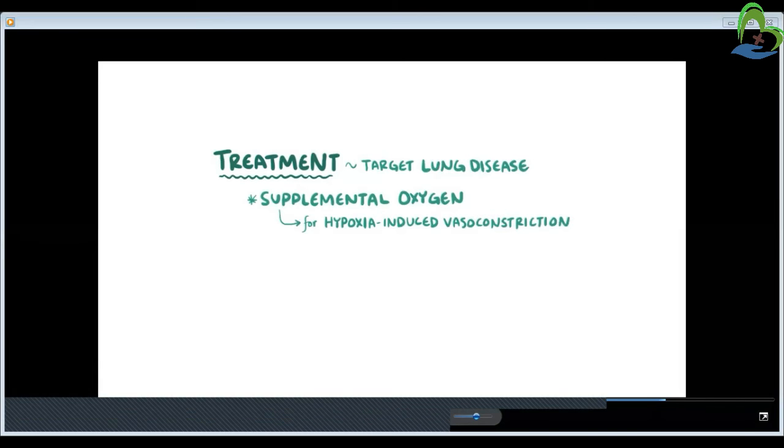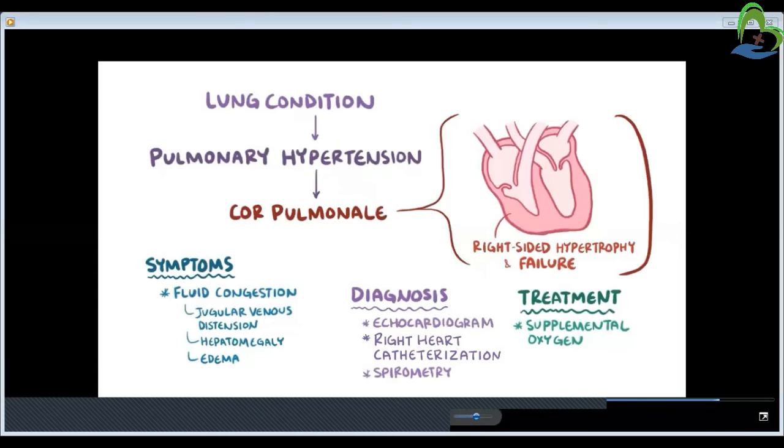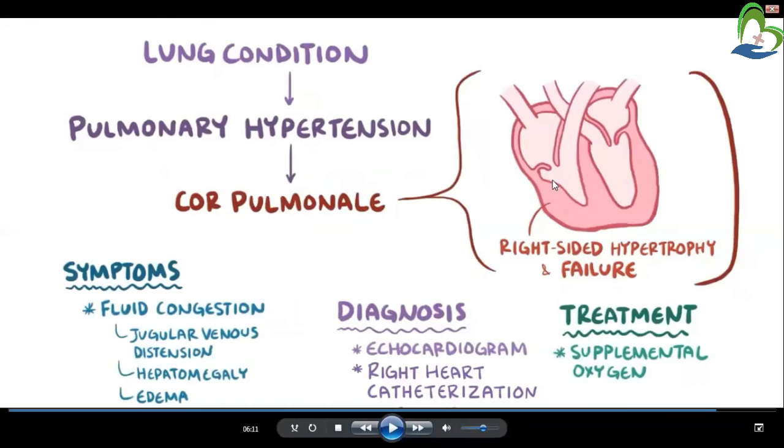So we will have a quick recap of the disorder. Cor pulmonale is a disease of right-sided heart failure, caused by hypertrophy of the right-sided heart, which is because of lung conditions leading to pulmonary hypertension, and lastly leading to cor pulmonale.